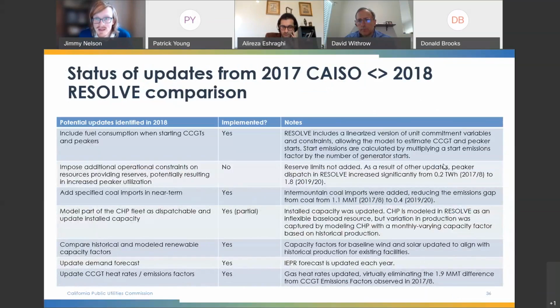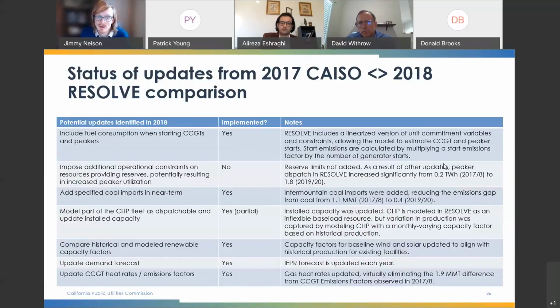This is another one of these slides that I'm hoping you can look at after this presentation to digest all of the text. Here we have a list of all of the updates that we suggested in the 2018 comparison and a status update. Did we actually do the thing that we suggested? And if so, what impact do we think it had?